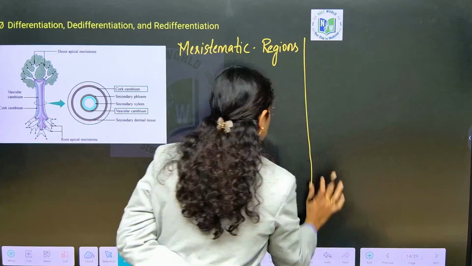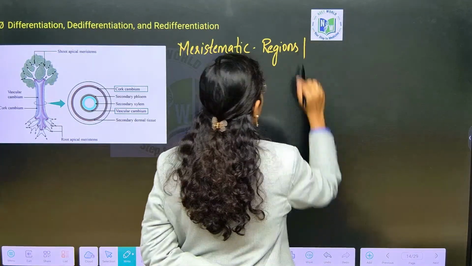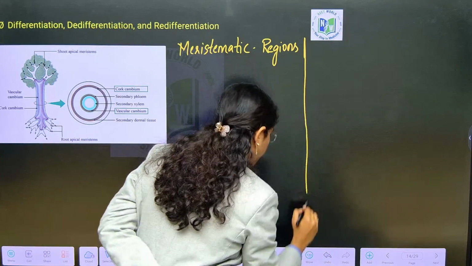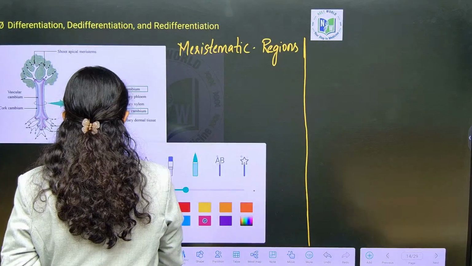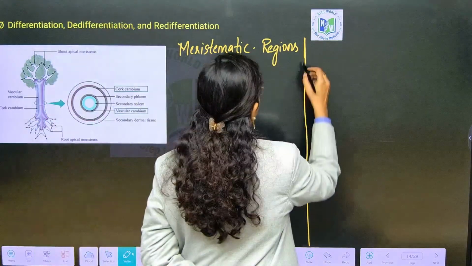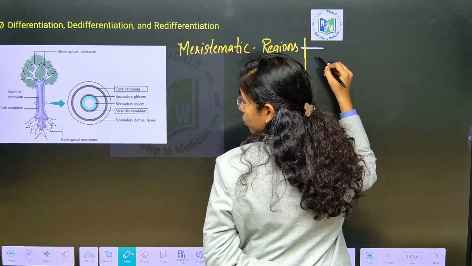You can see meristematic regions which include shoot apical meristem and root apical meristem.